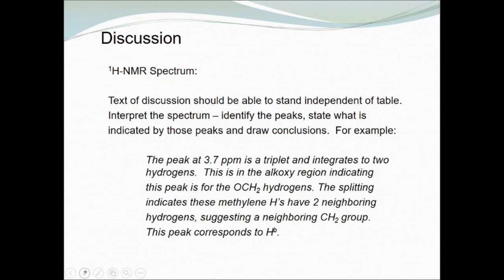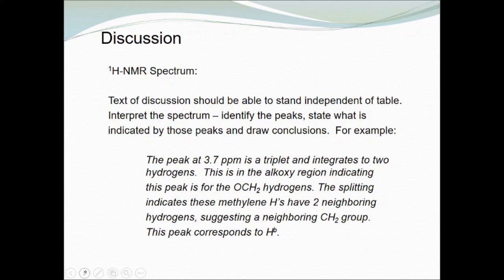So tell me what is present in the spectrum. Then tell me what it means, and then draw conclusions. An example is given here. There's a peak at 3.7 ppm. The peak is a triplet, and it integrates to 2 hydrogens. So from that first sentence, I know what is present in the spectrum, or at least one of the peaks. Tell me what it means.